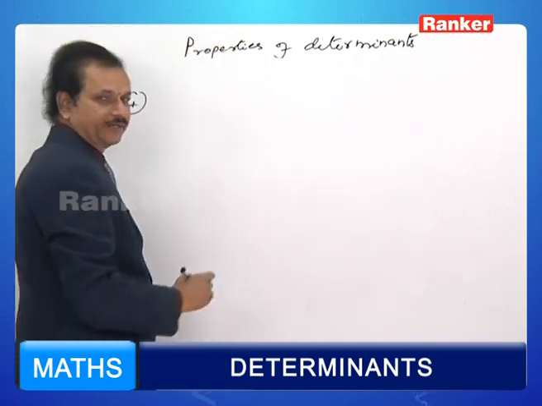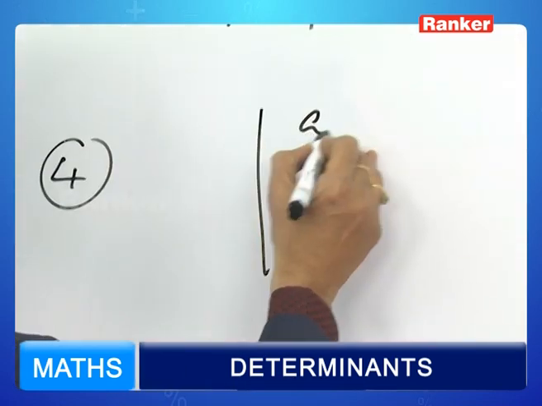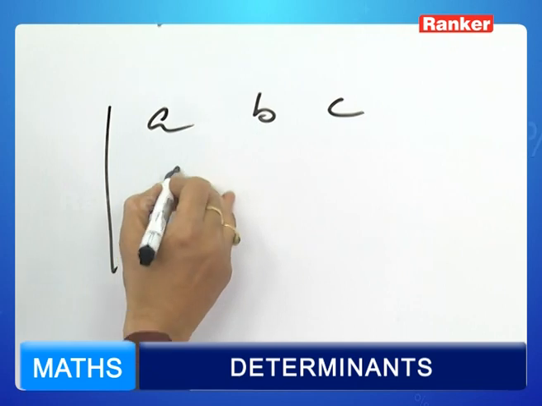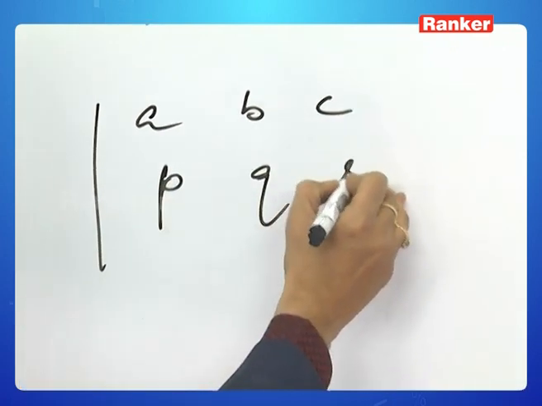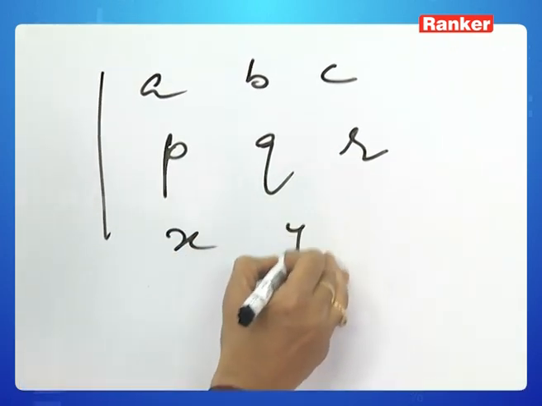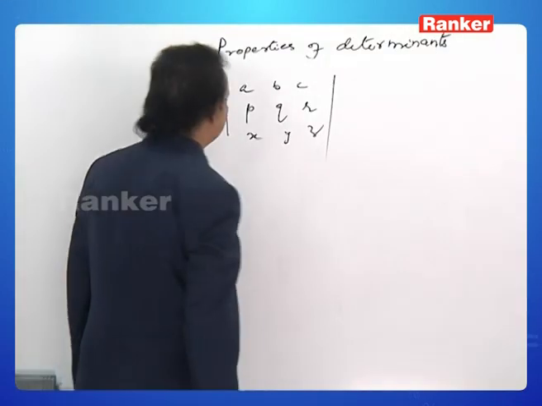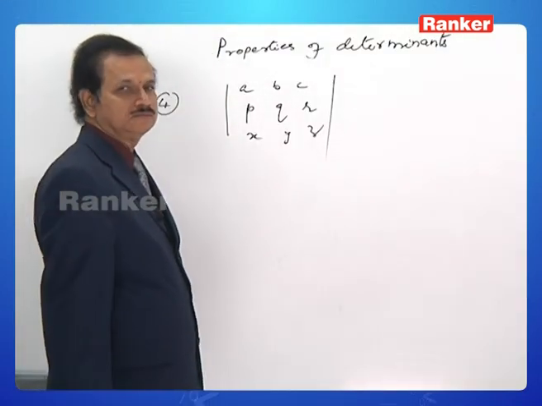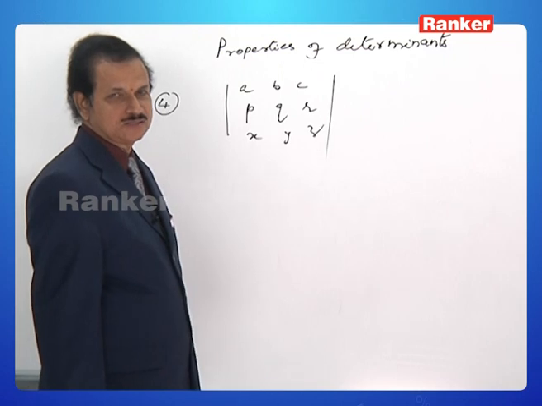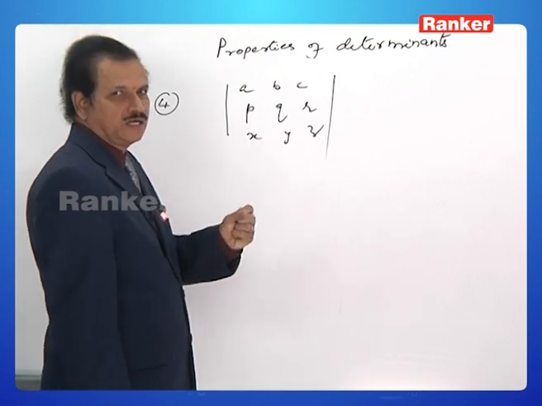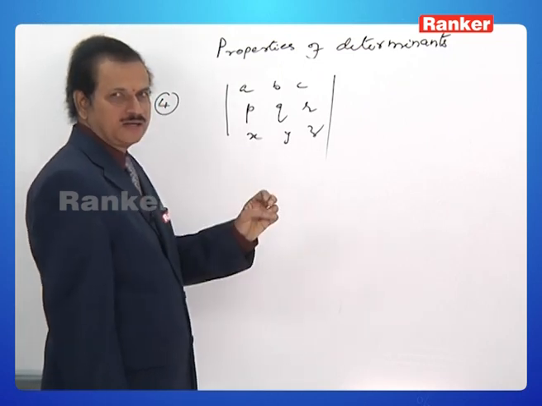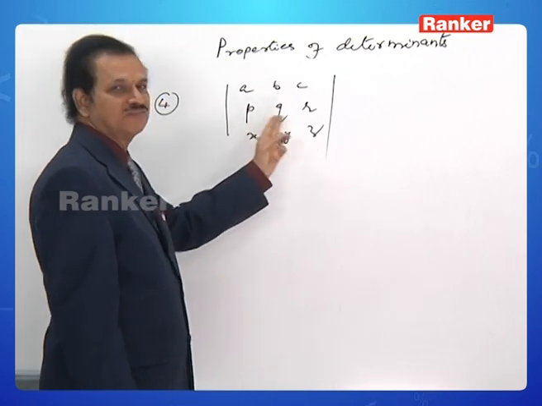Next one. Look here. Suppose we have a particular determinant with rows A, B, C, P, Q, R, X, Y, Z. If you observe the elements, you notice that a particular number is a common factor for all the elements of a particular row.